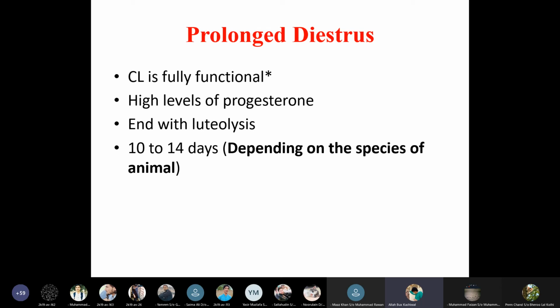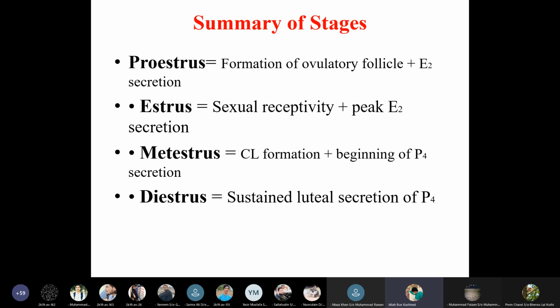Mostly it takes 10 to 14 days, but again it depends on animal to animal.